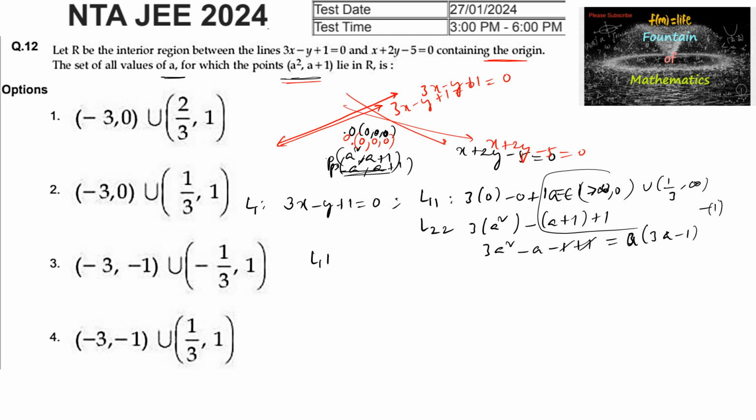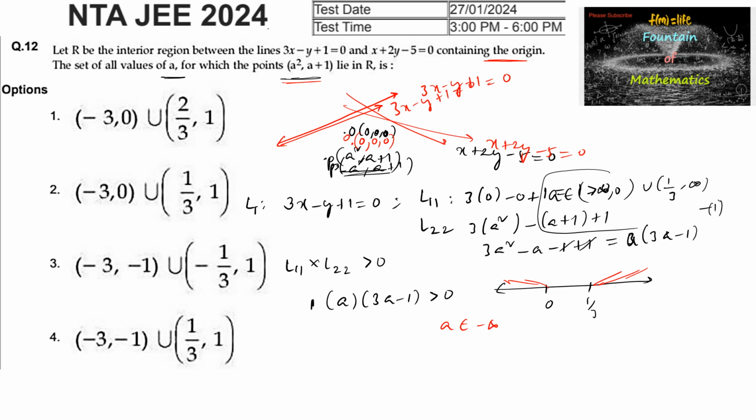The condition is L11 into L22 must be positive when the two points lie on the same side of the line. So 1 into a times (3a minus 1) must be greater than 0. So a equals 0 and a equals 1 by 3, so a belongs to minus infinity to 0 union 1 by 3 to infinity in the first case.